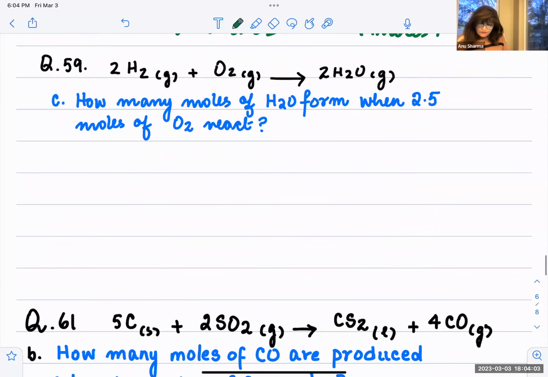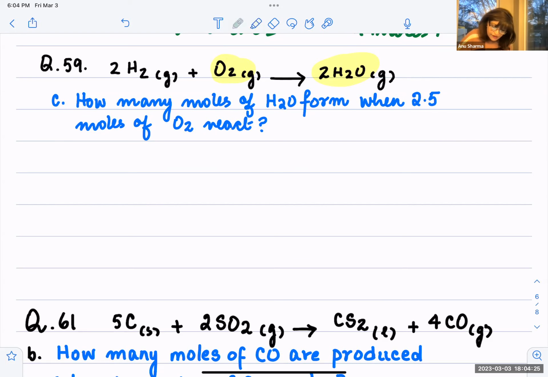Next is: how many moles of water form when 2.5 moles of oxygen react? So here we are going to look at the relationship between water and oxygen. It's very important to balance the equation, but for the mole-to-mole factors, it's always only the 2 entities.